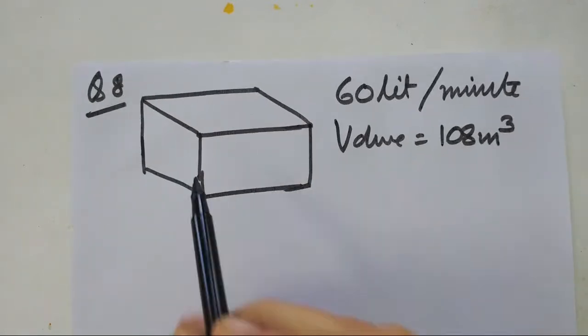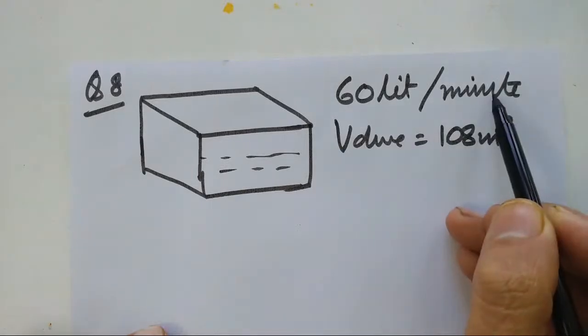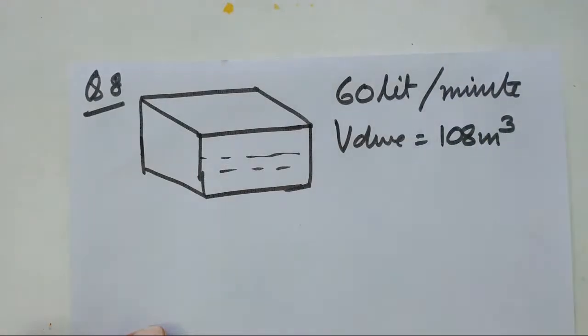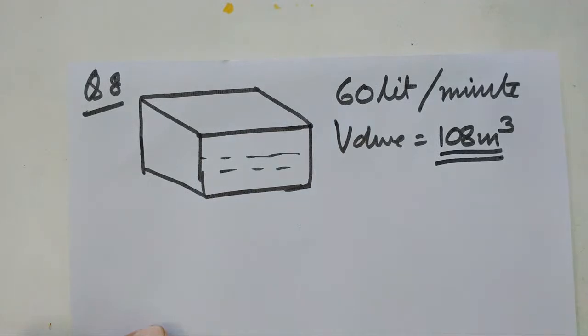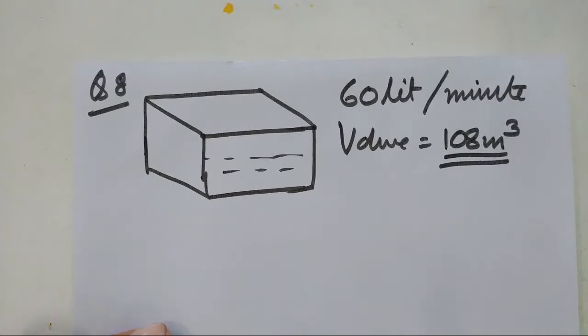It is filled with water, and the water is entering inside at the speed of 60 liters per minute. And this tank's whole volume is 108 meter cube. So how much time will it take to fill the tank? Now we have known that whenever we solve anything in liters, we convert.